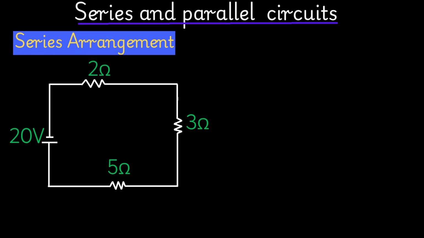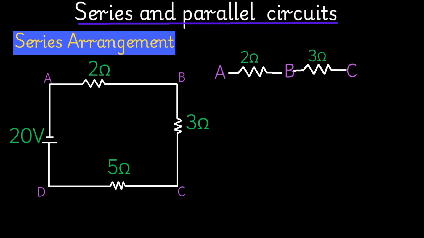We have this arrangement and we shall use our same trick. We shall have A, B, C, D. Then we shall write A up to D. So we begin with A, B, and between A and B we have a 2 ohm resistor. Between B and C we have a 3 ohm resistor, and between C and D we have a 5 ohm resistor.